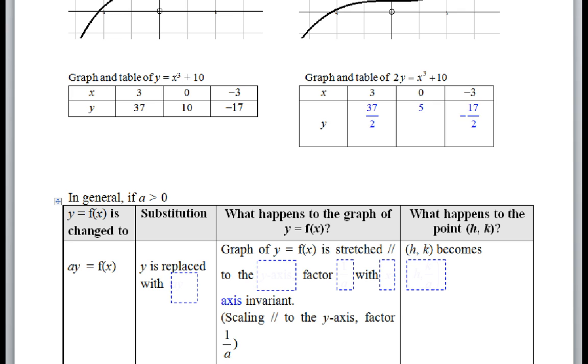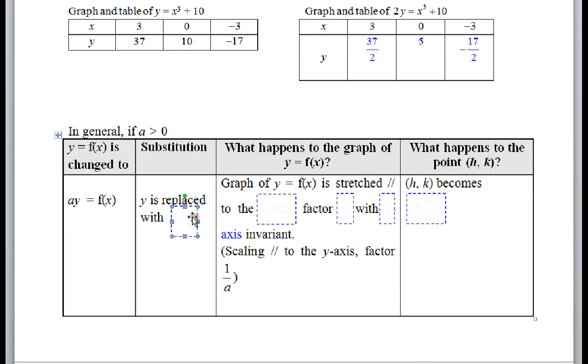So in general, now I quicken this process. I don't go through all the wordy stuff anymore. Now it is a. Now you replace y with ay. What happens? Just now I replaced y with 2y, right?